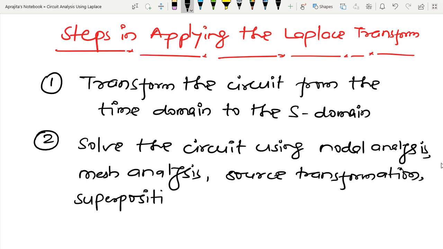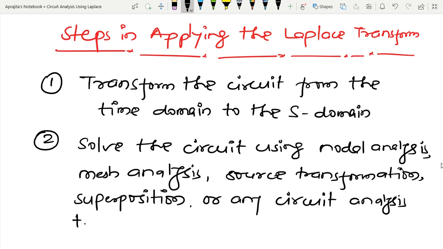So I can apply superposition, or any circuit analysis technique with which we are familiar.